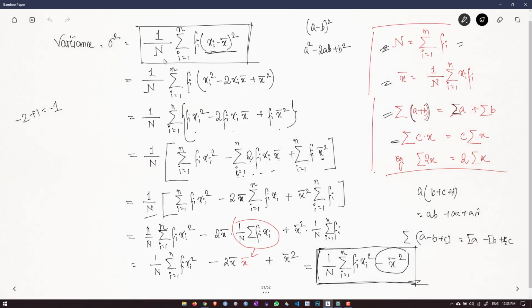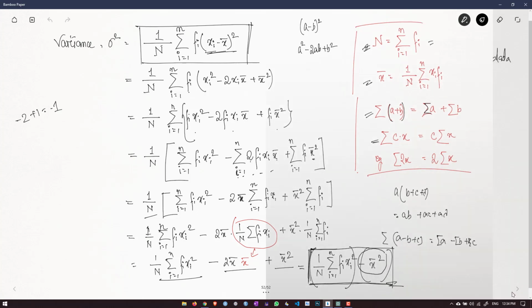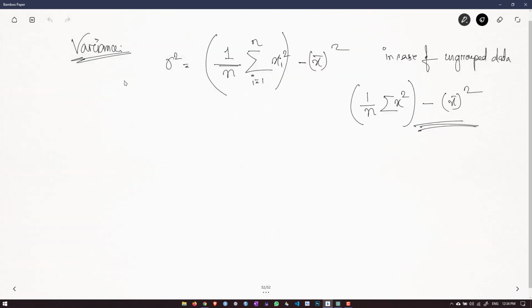In this case, when we do calculations, we are going step by step, and this value and this value are separate terms, right? So this 1 by n is multiplied only with this summation fi xi square. For ungrouped data, that means when you don't have frequencies or tables, you will use this formula to calculate variance, 1 by n summation xi square minus x bar square.